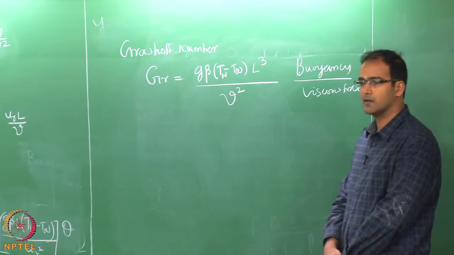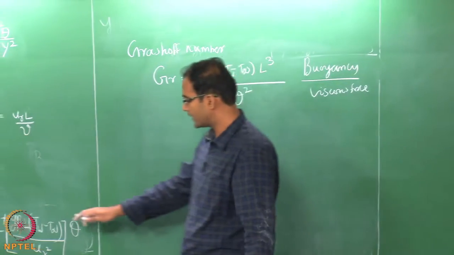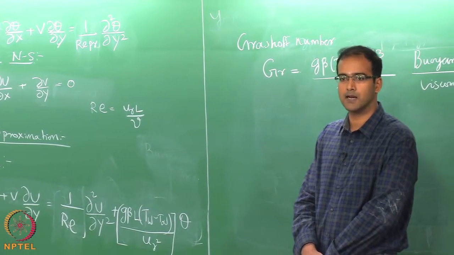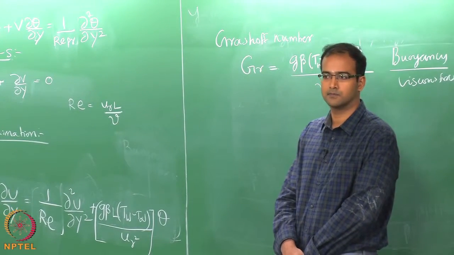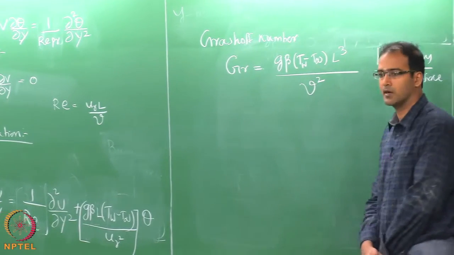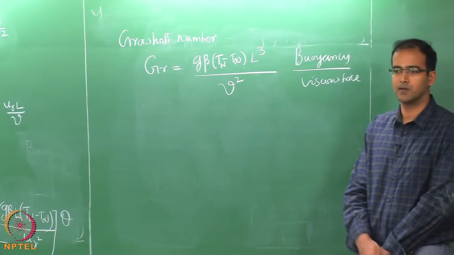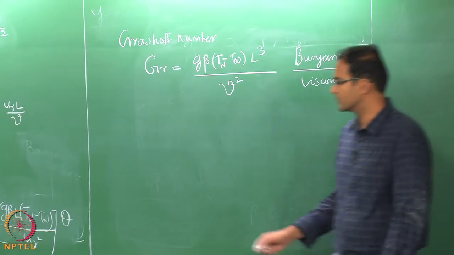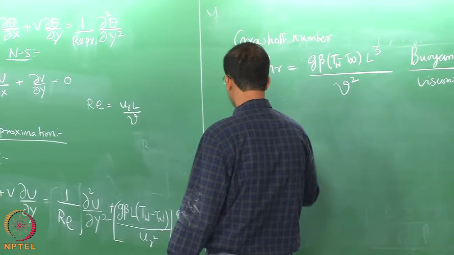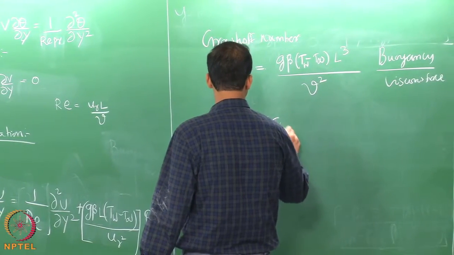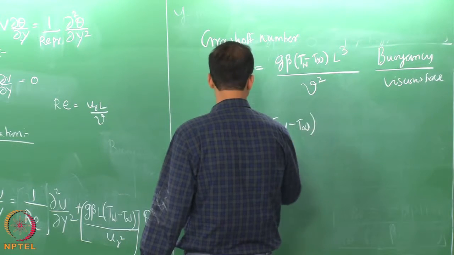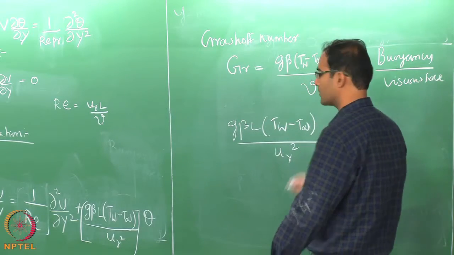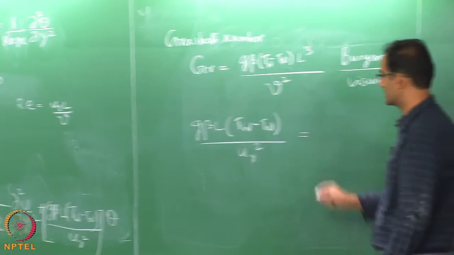And therefore, you can write this ratio of buoyancy to viscous force using the Grashof number and Reynolds number, because Grashof number is a function of buoyancy and viscous force, and Reynolds number is a function of inertia and viscous force. So, you can write g beta L into T wall minus T infinity by u r square. How do you express this in terms of Grashof and Reynolds number?